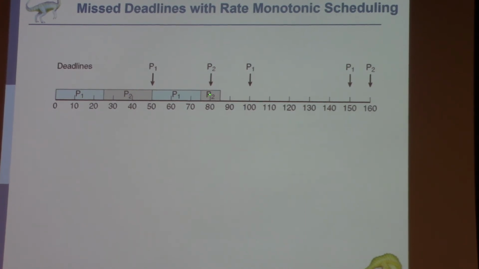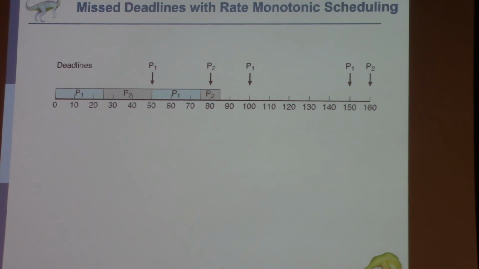It's not done yet because it needs 5 more and 10 more, but P1 will be selected at this time because P1's deadline is 50 and P2's is 80, so P1 is shorter. Because of that, P2 will not be completed. Sometimes if we just use the deadline first, it may be a problem.